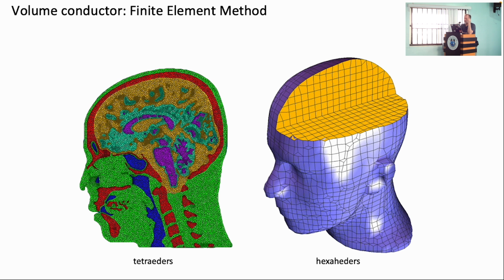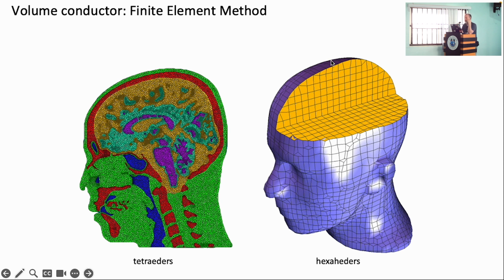So on the left, you see a tetrahedral model. And a nice thing of these tetraheders, similar to these triangles that I showed before, is that they can describe very complex geometries, while at the same time also modeling the curvature. With hexaheders, this is a little bit more difficult, because hexaheders by themselves are cubic.